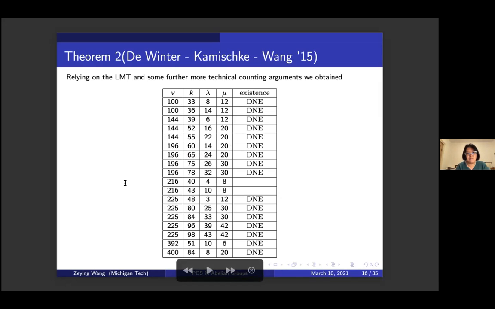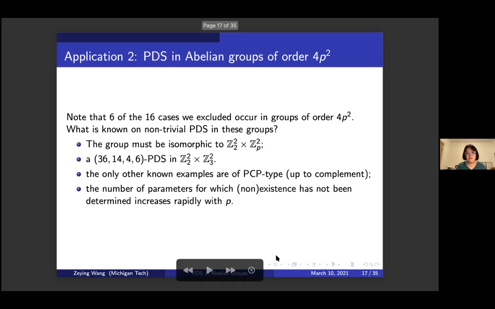My co-author, Dee Winter, gave a talk at the URC conference, and Jim Davis was one of the audience. He said, can you generalize to the case when the group order is 4p squared, where p is a prime number? That's how we started to look at our next question.